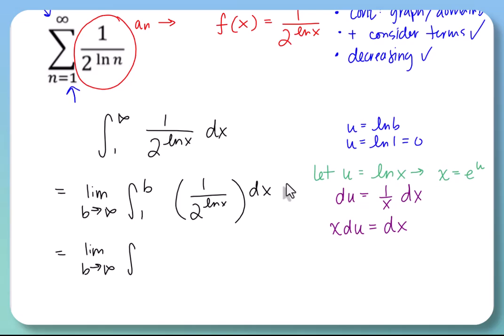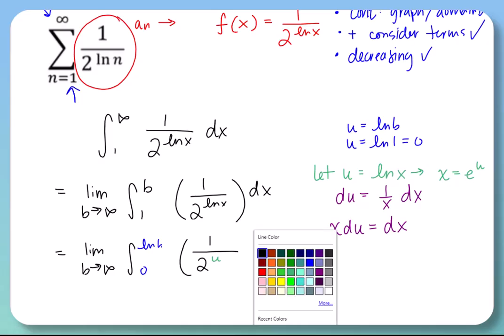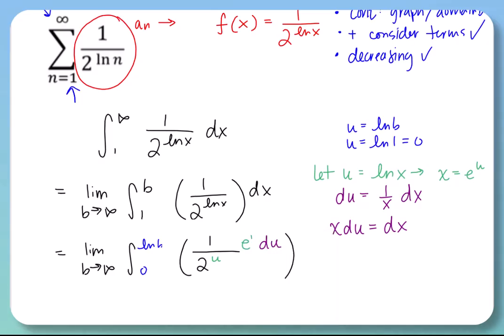My bounds have gone from 0 now to the natural log of b, and I have 1 over 2 to the u. Natural log of x is rewritten as u, and dx is equal to x du. Now, I can't have x in my problem, but what is x equal to in terms of u? x we've found is equal to e to the u.